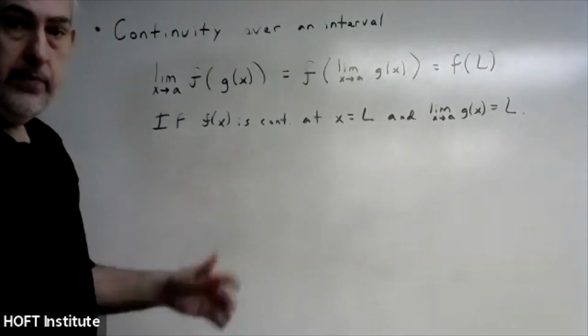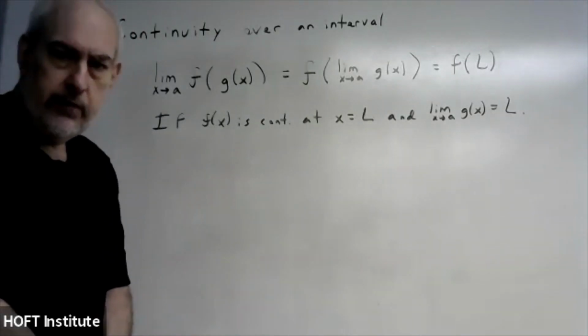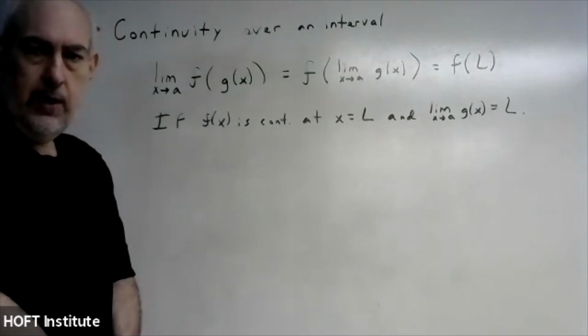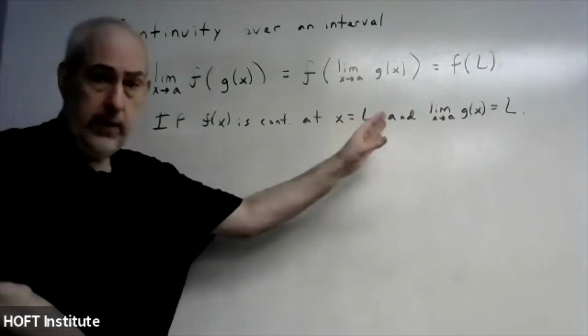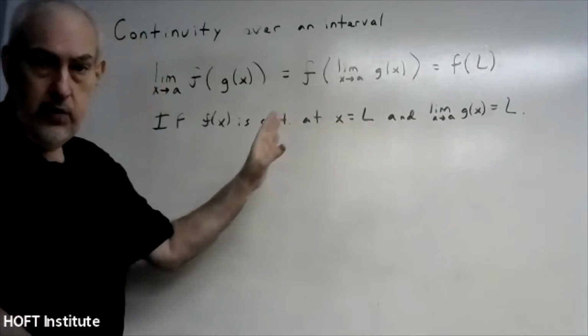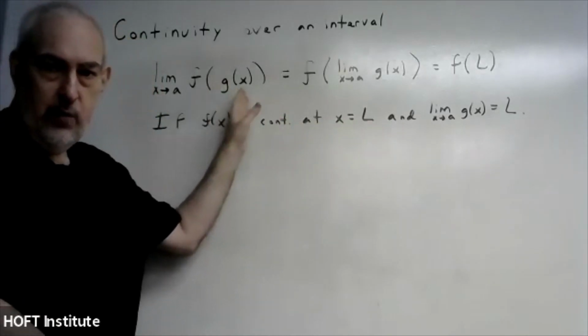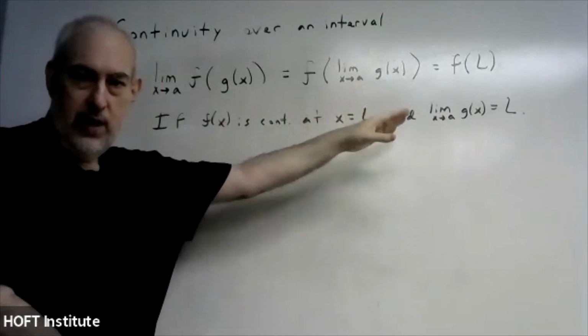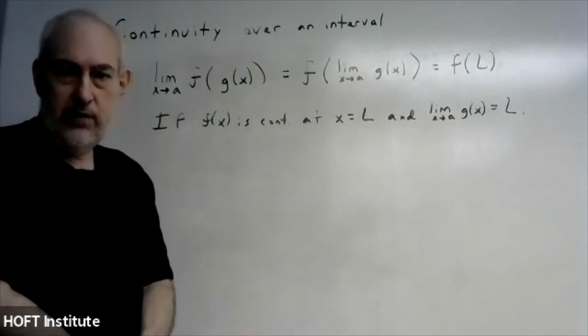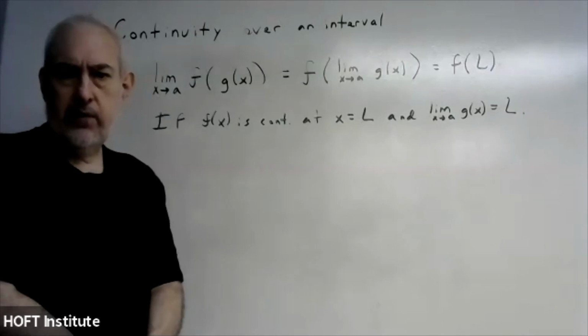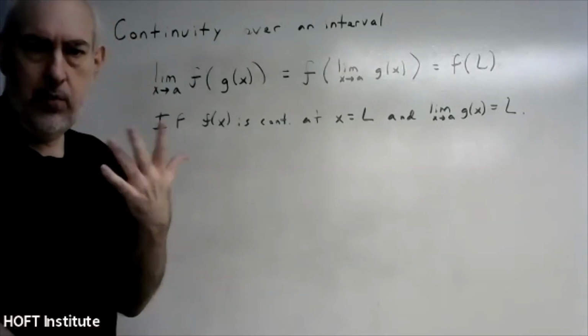Whew. So, that's quite a bit. So if f is a continuous function, and g of x has a limit that's going to L, then you can pretty much replace the inside with what the limit is going to L, and then your answer is f of L.